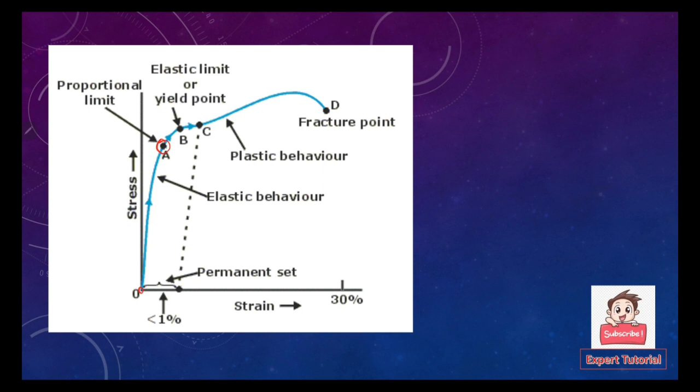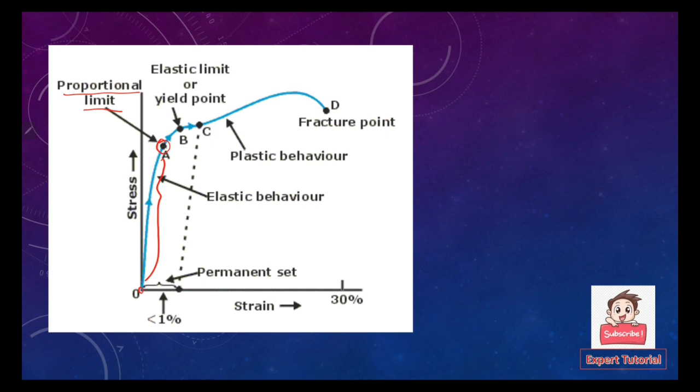So it indicates that up to this point A, the increase in length is directly proportional to the load or the stress. So Hooke's law is obeyed in this region. This point is known as the limit of proportionality, or proportional limit.